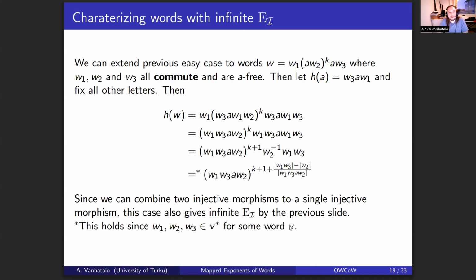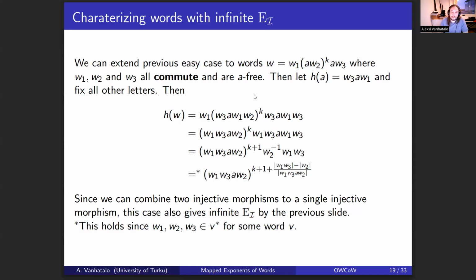And yeah, another somewhat easy case is these words where we have this factorization, where we have some prefix W1 and then some suffix W3, and these are A3, and then in between every A we have the fixed W2 factor. And we assume that W1, W2, and W3 all commute.